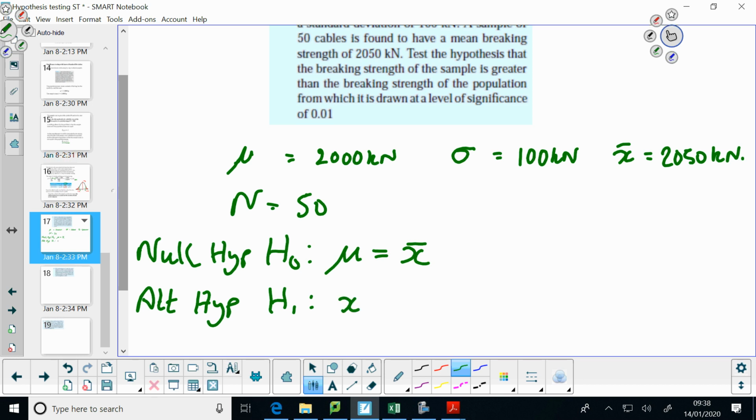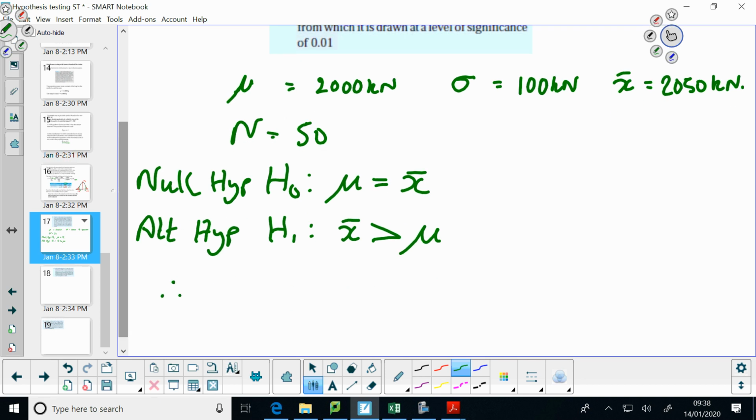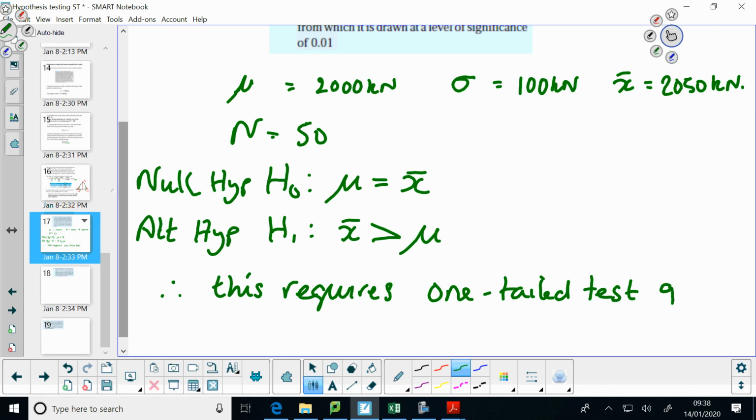So if we're only looking at greater than, is it a one-tailed or a two-tailed test? So therefore, this requires a one-tailed test on the greater than side.